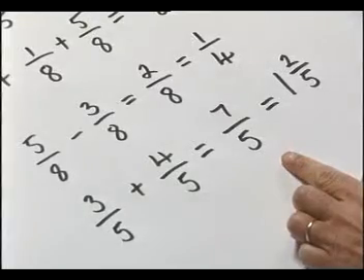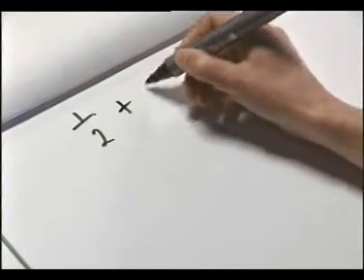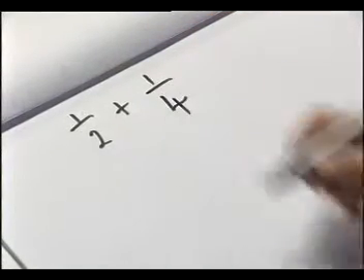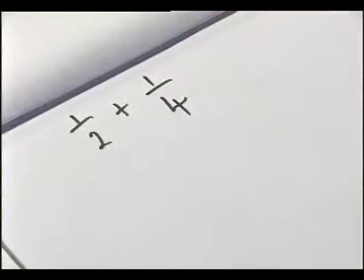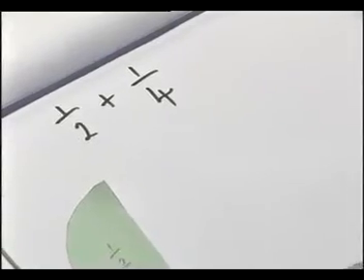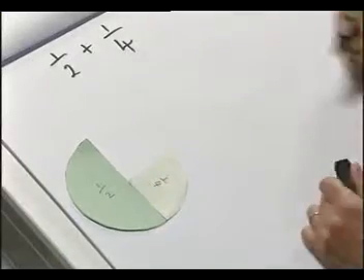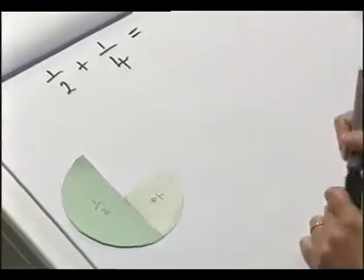Okay, let's look now at what happens when we have fractions where the denominators are not the same. Let's say we have 1/2 plus 1/4. So let's have a look. We have 1/2 plus 1/4. We can add them together, but what do we end up with?